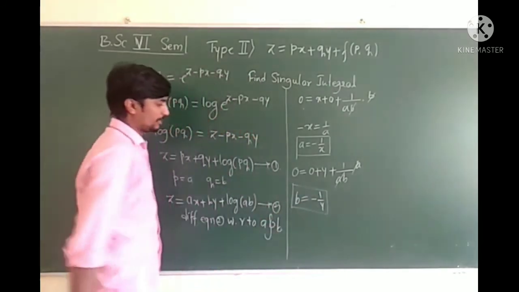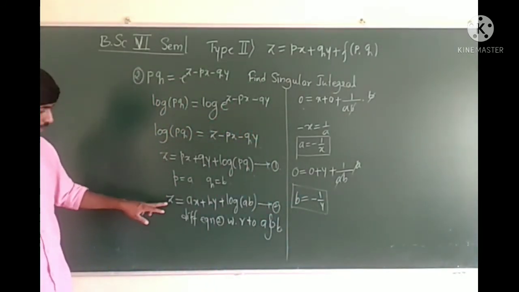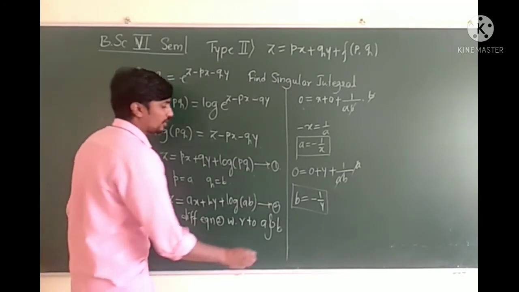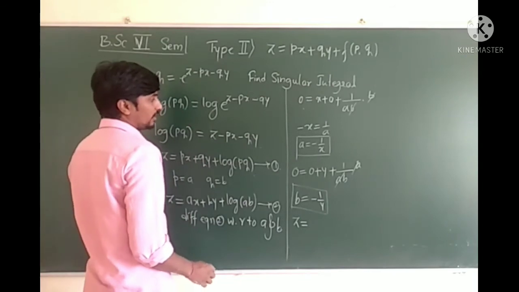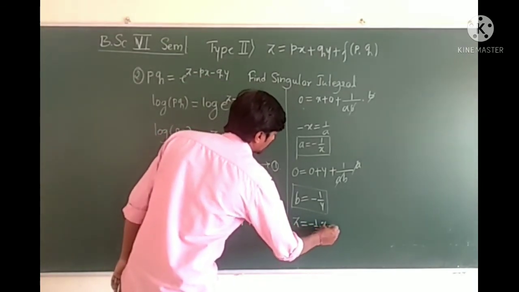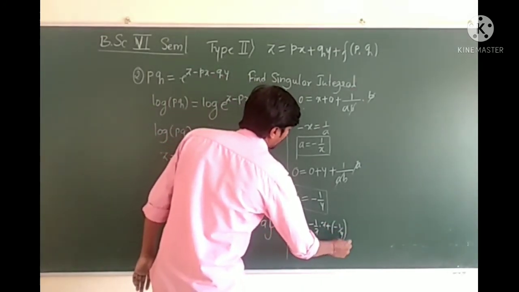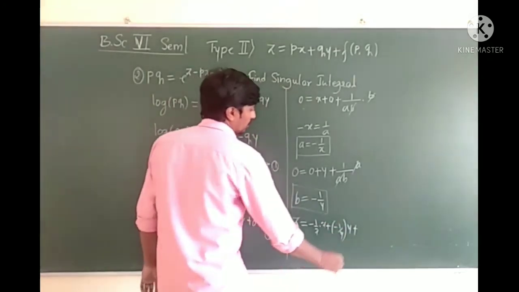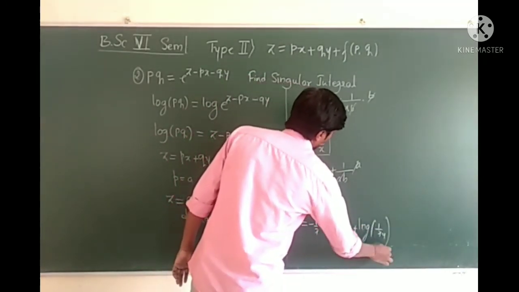Now substitute these two values in equation 2. So z equal to minus 1 by x into x plus minus 1 by y into y plus log of 1 by xy.